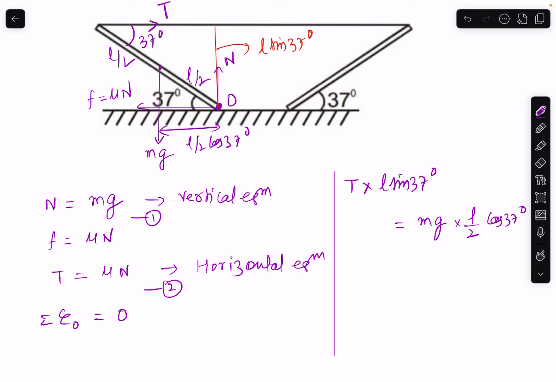So L will get cancelled on both sides. T into sine 37 degrees, we know it is 3 by 5. This will be mg by 2 times cos 37 degrees, which we know is 4 by 5. The 5 and 5 on both sides will get cancelled. And so we have T equal to 2 by 3 mg.